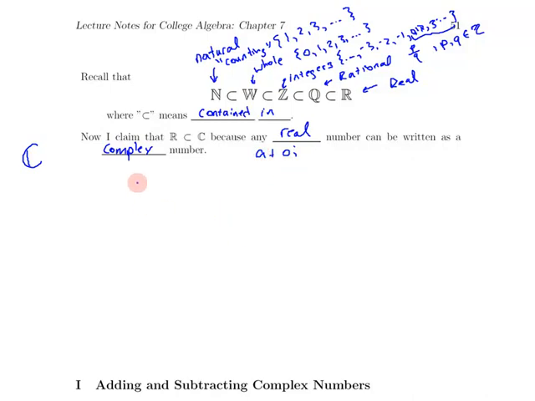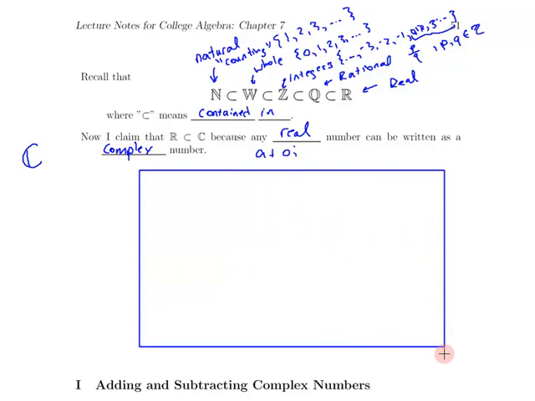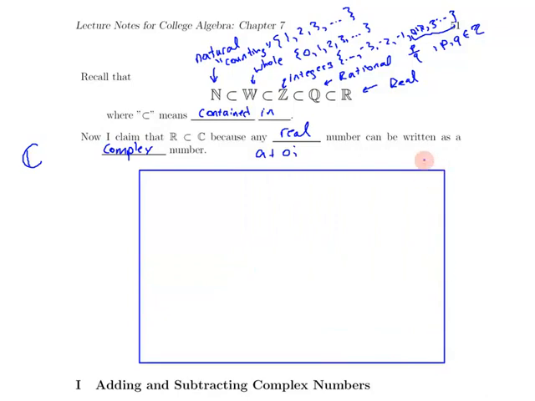So, as a diagram, here's what we've got. We've got a big box, right? Those are all complex numbers. Call those the complex numbers. Now inside there, we have two groups, right?